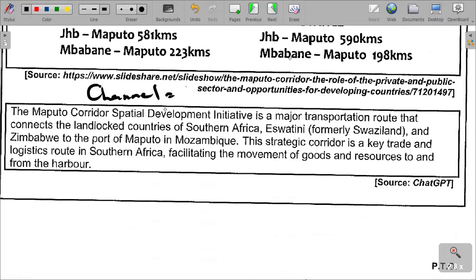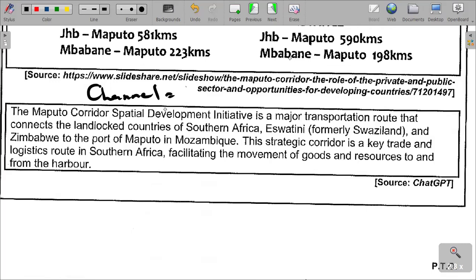Major transport routes connect the landlocked countries of Southern Africa, Eswatini, Zimbabwe, to the port of Maputo in Mozambique. This strategic corridor is a key trade and logistic route, facilitating the movement of goods and services to and from the harbor. So, what are we supposed to answer here?